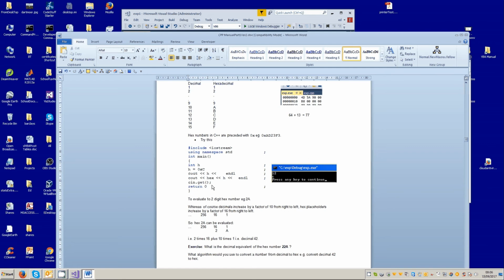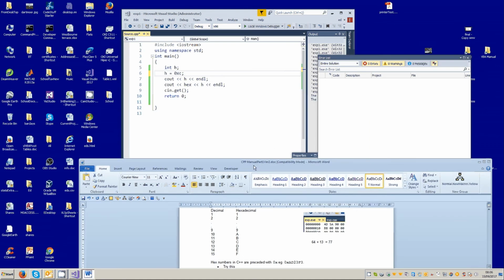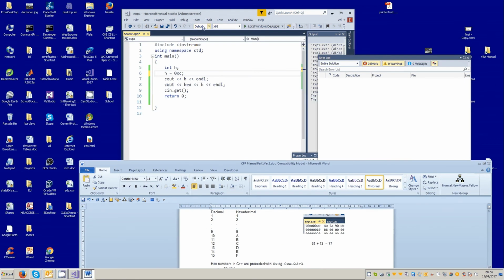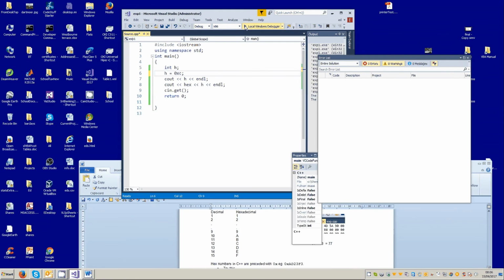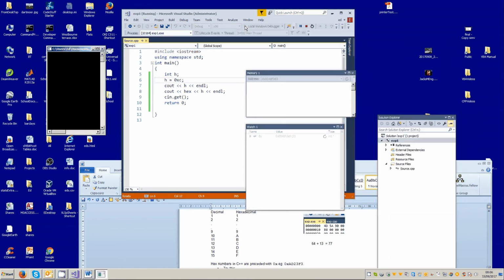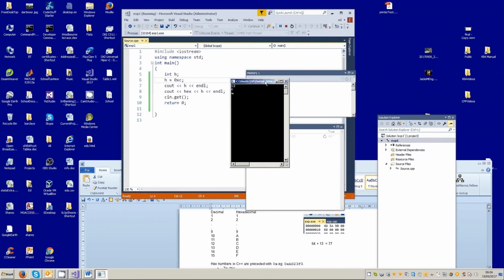You can try this out for yourself if you want to, just try this bit of code and see how we print out hex. Oh, there it is there actually. So we can just run that and see what happens. That just gives us the answer here, that it's 12.